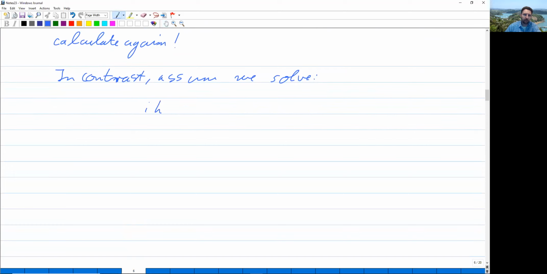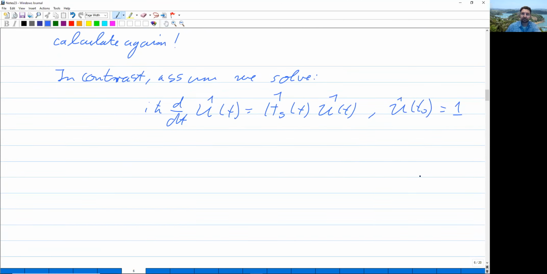So we solve i h bar d by dt of u hat of t equal to h hat s of t u hat of t, with the initial condition that u hat of t naught is the identity. And you notice it's always the same initial condition. It's a differential equation, all right? Similar looking to the Schrodinger equation, but for an operator valued function. And the initial condition is always the same.